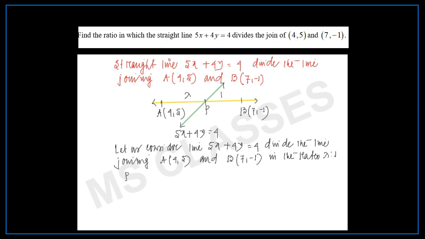So what is the point P? Point P is 7 lambda plus 4 by lambda plus 1, and here minus lambda plus 5 by lambda plus 1.